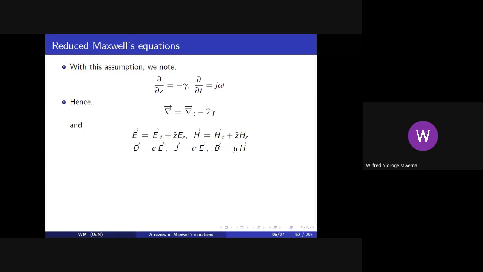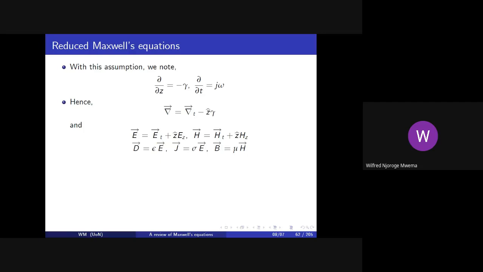D is related to E by a constant epsilon multiplied by E, where for this time we are not going to say anything about epsilon. In many cases it depends on the material that we are dealing with and the material properties, and in many cases epsilon may become a matrix, or what we call a tensor.